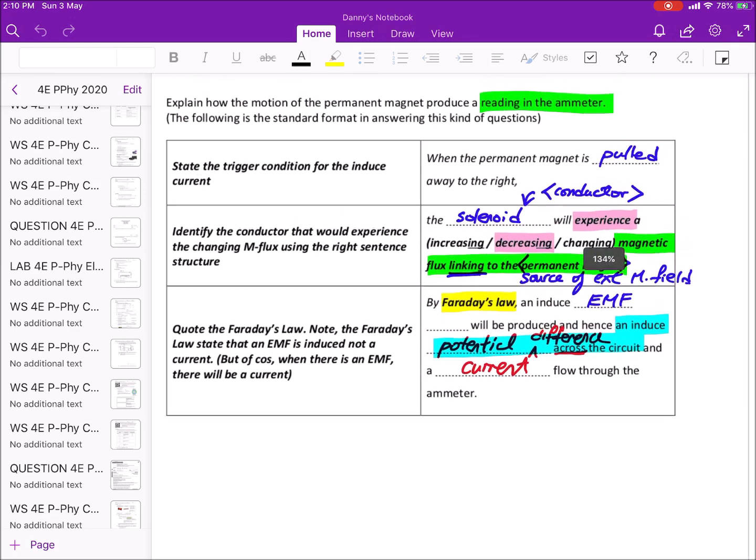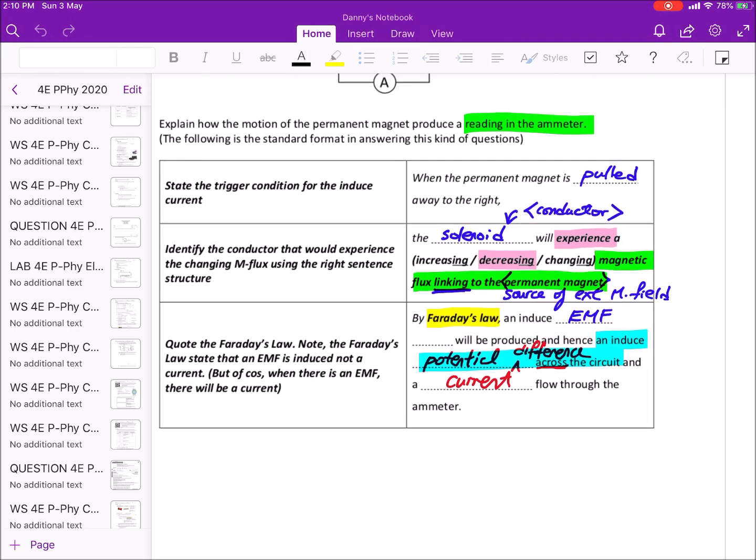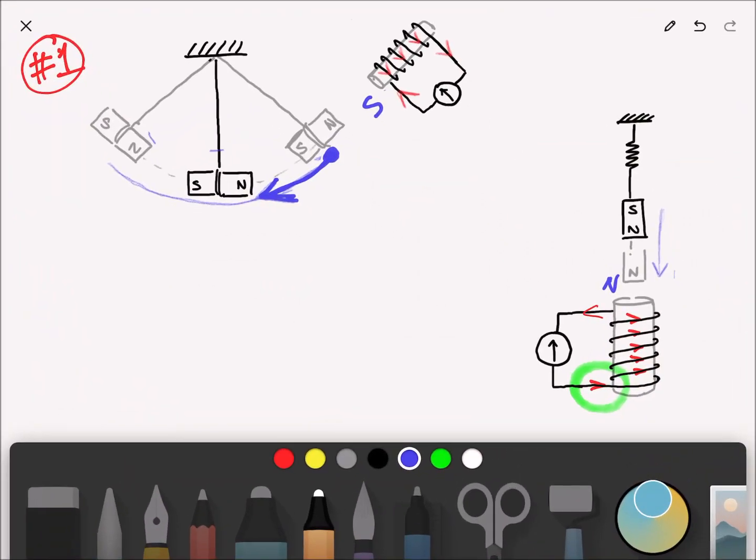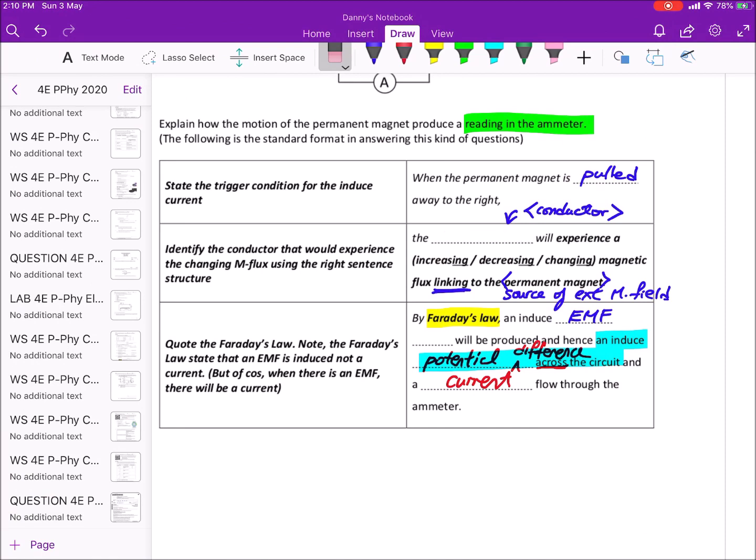If I want to talk about why there is an induced current or an induced EMF, I would need to use this particular phrase. Just now, when the magnet swings away from this solenoid, I would say that the solenoid experiences a decreasing magnetic flux linking to the oscillating magnet.